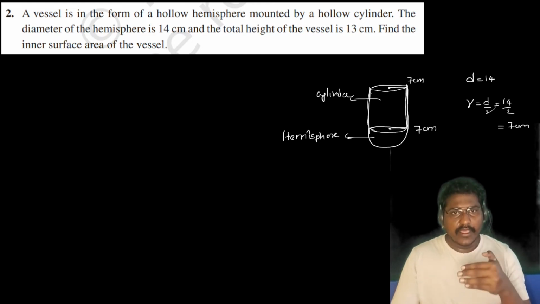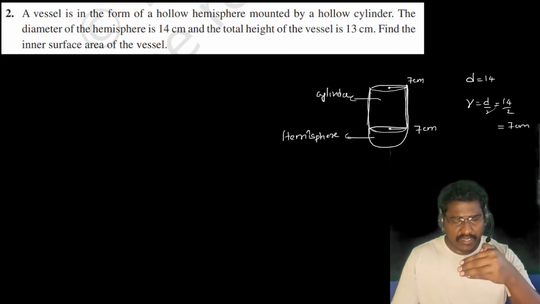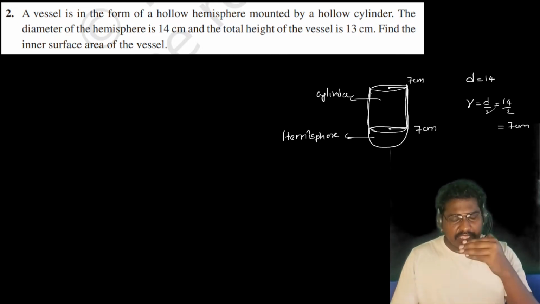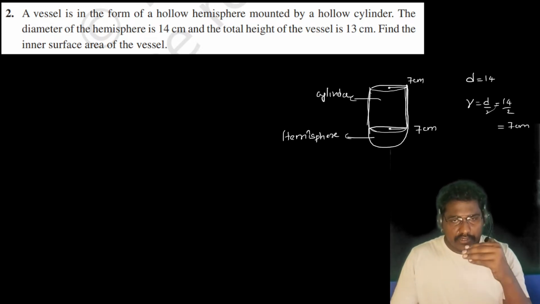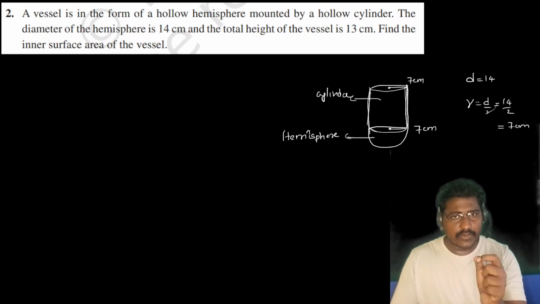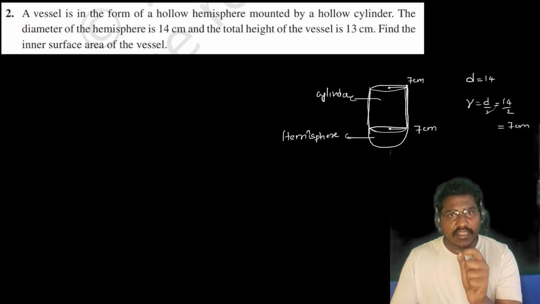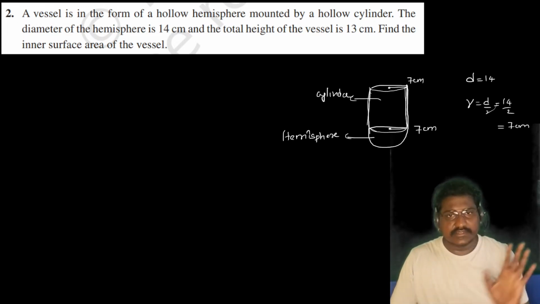Remember, whenever two figures are joined or mounted one upon the other, they will have a common radius. Even though the question may mention only the radius of the hemisphere or the radius of the cylinder, that radius is common for both figures.